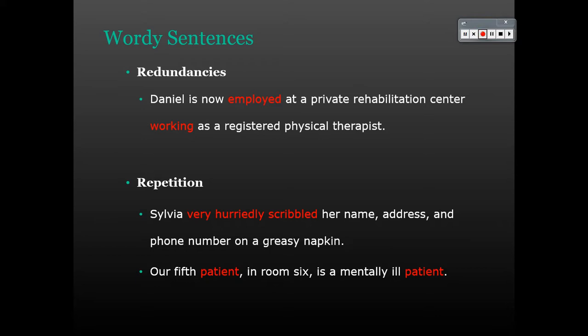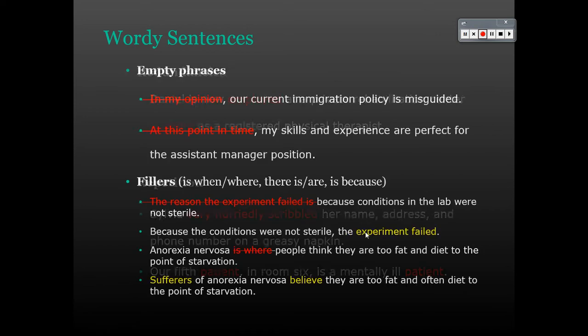But in this case, the word scribbled by its very nature implies that it was very hastily, very quickly written. So very hurriedly is repetition. It's repetitive. It should simply be Sylvia scribbled her name, address, and phone number on a greasy napkin. That implies that she wrote very quickly and probably somewhat sloppily.